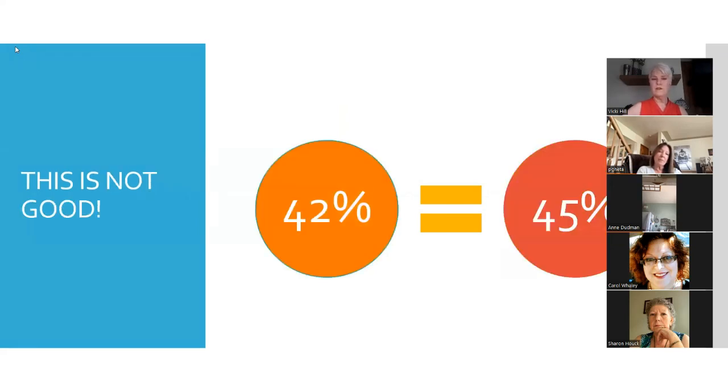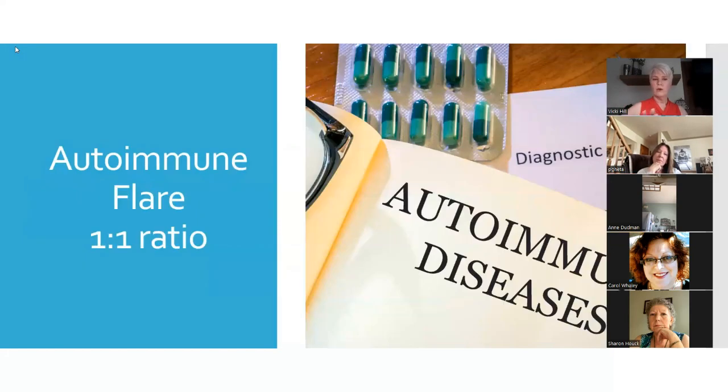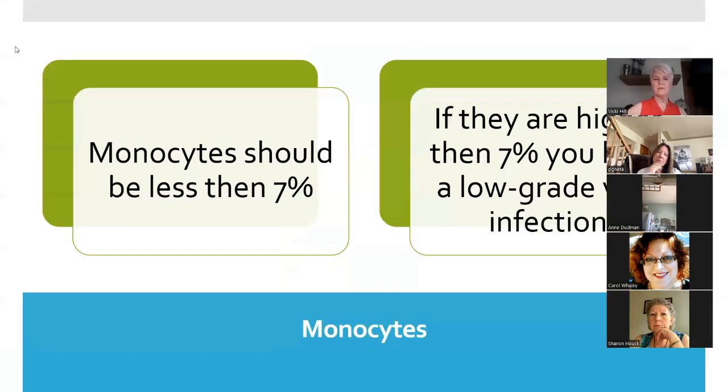If we see stuff like 42 and 45%, so in the 40s for neutrophils and in the 40s for the lymphocytes, that's not good, because that means there is an autoimmune flare occurring. Okay, remember, autoimmune flare, 1-to-1 ratio. 2-to-1 ratio is good, 1-to-1 ratio, not good.